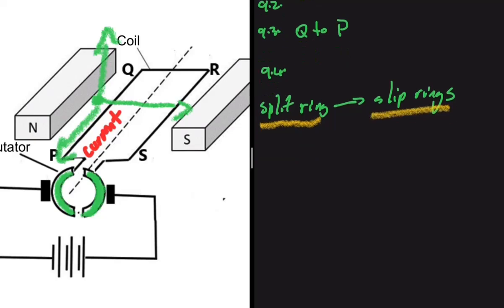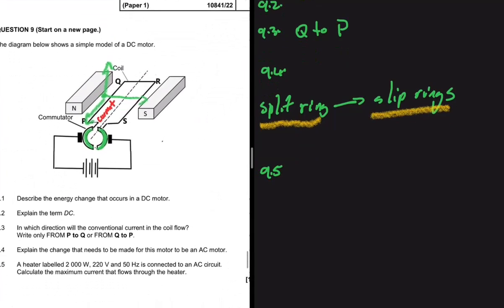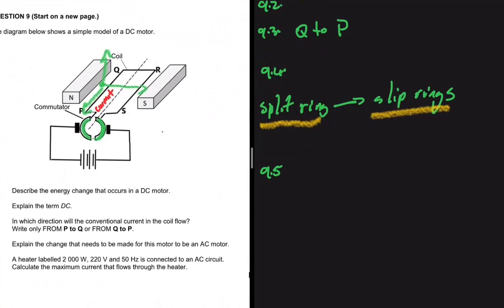Right. And 9.5. Let's look at 9.5 and do some calculation. A heater rated 2000 watts, 220 volts and 50 hertz is connected to an AC circuit. Calculate the maximum current that flows through the heater. Right. So we have the average power given to us as 2000 watts.